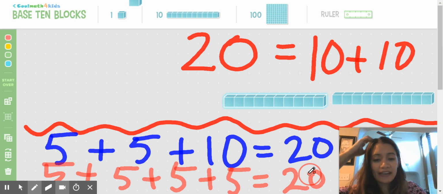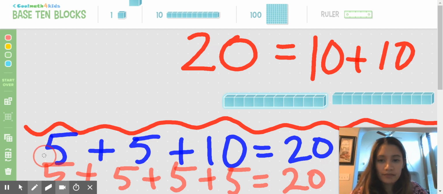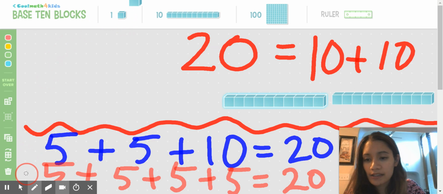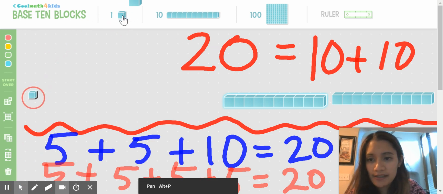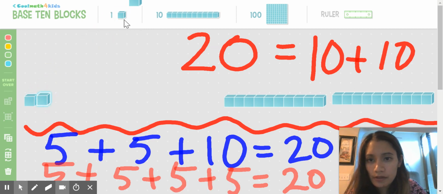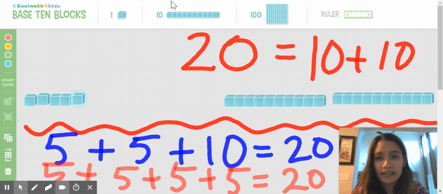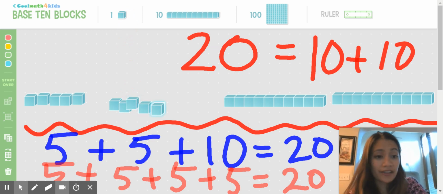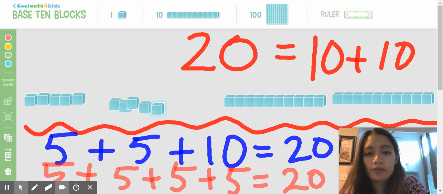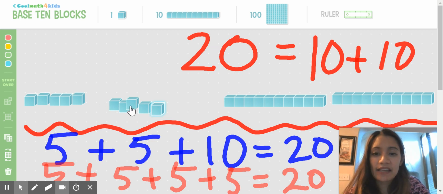And then you would have had 5 ones here. If I had space, I'm going to do that really quickly. You can have 5 ones here. 1, 2, 3, 4, 5. So that's one group of 5. And then you're going to do the same thing here. 1, 2, 3, 4, 5. That's another group of 5. 1, 2, 3, 4, 5, 6, 7, 8, 9, 10.